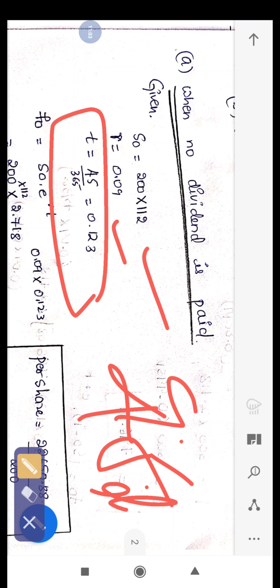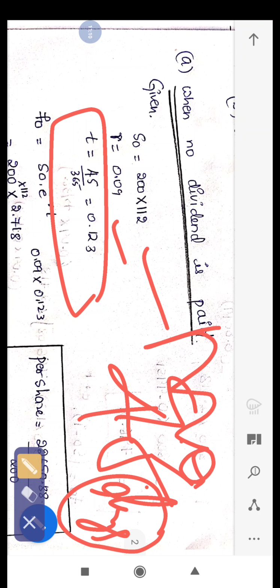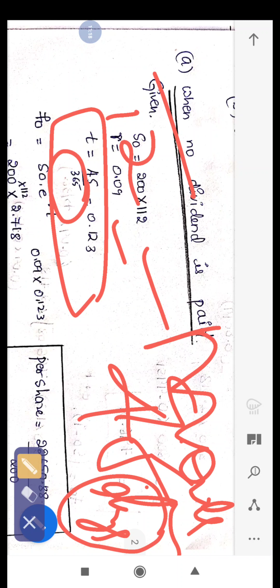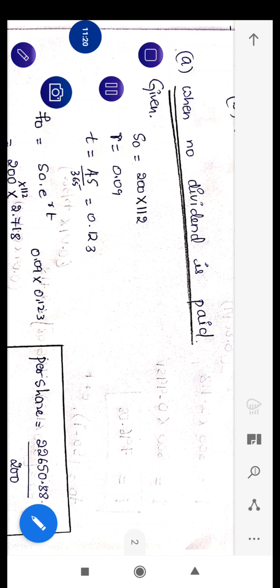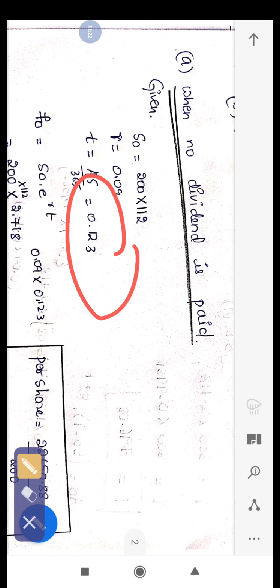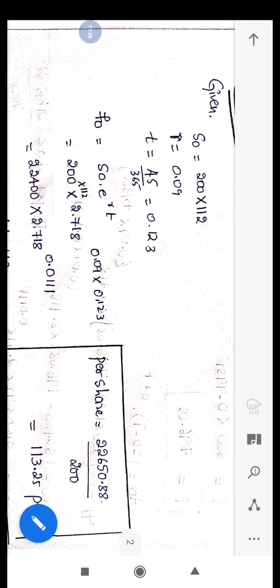The whole contract is 45 days. So 45 days they have mentioned, not months. If they have mentioned months we will divide by 12, but they have mentioned days, so in whole year 365 days. So 45 divided by 365 will be 0.123.